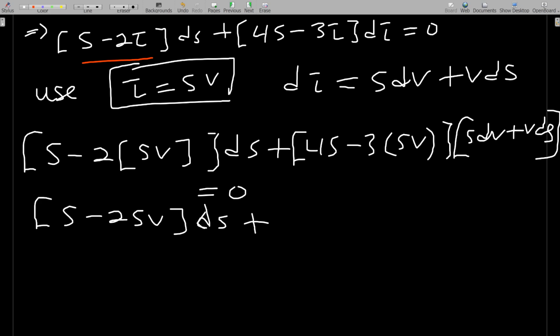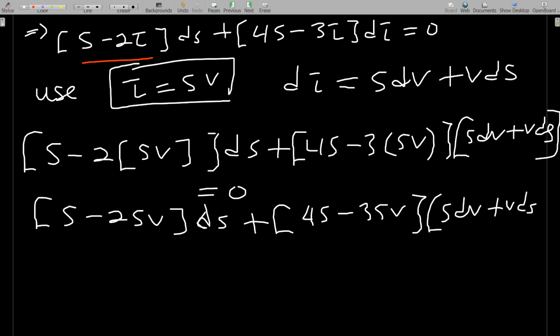Then plus, what do I have here? (4S minus 3Sv) times (S dv plus v dS). Now everything is equal to 0.